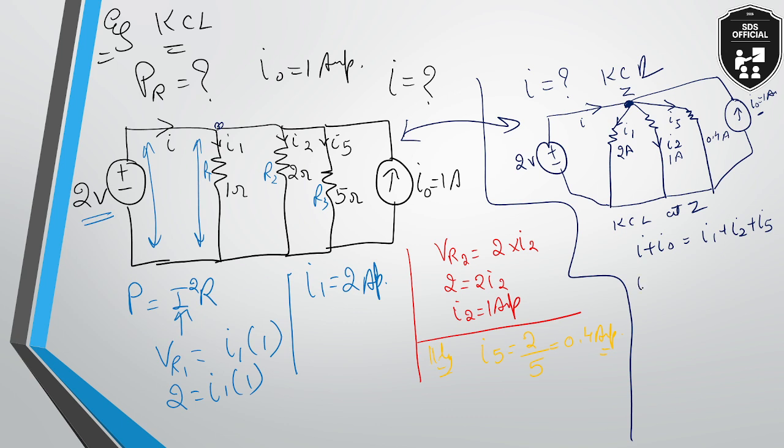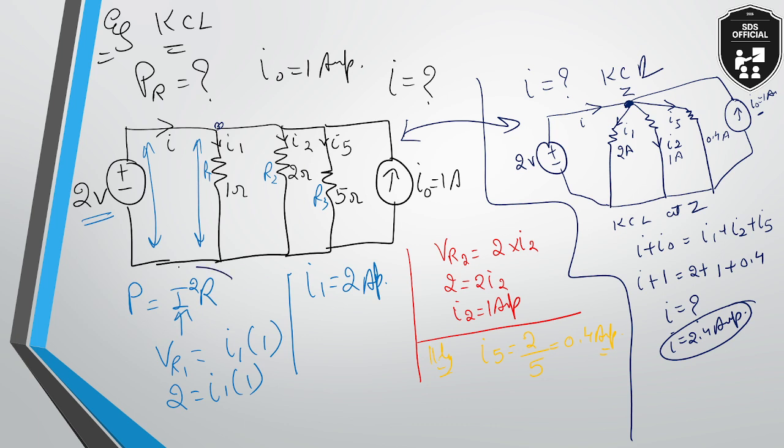I0 is 1, I1 is 2 ampere, I2 is 1 ampere, I5 is 0.4 ampere. Now solve the value of I. Give me the answer. 2.4. So I is 2.4 amperes. So this is the application of KCL.